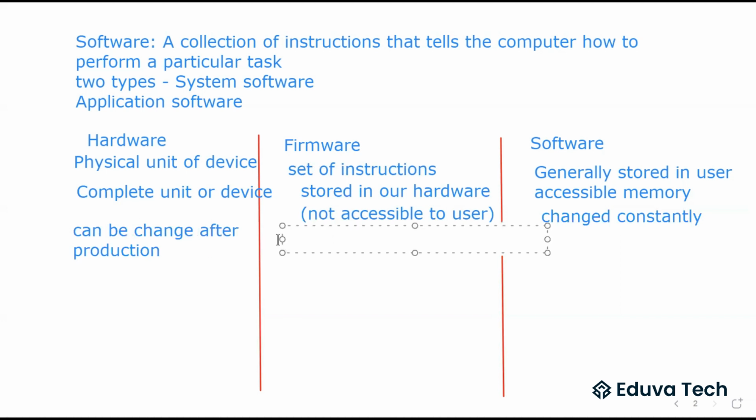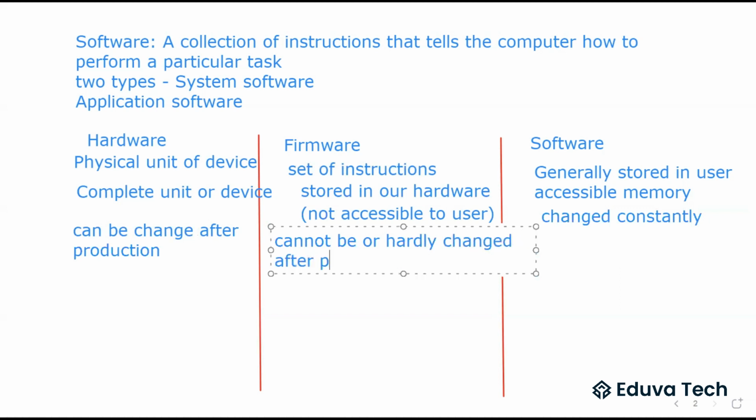Firmware cannot be changed, or is hardly changed, after production. We can change our software constantly, right?